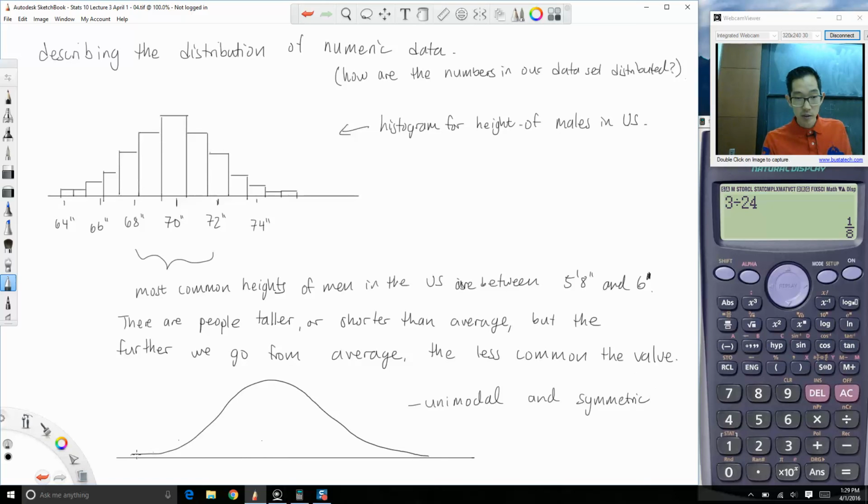So things like height are unimodal and symmetric. IQ scores are generally believed to be unimodal and symmetric. Most common values are somewhere around average. Then as you go further and further above or below, those values become less and less common, okay?